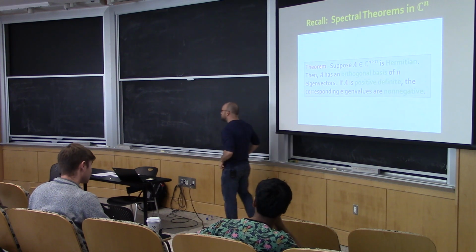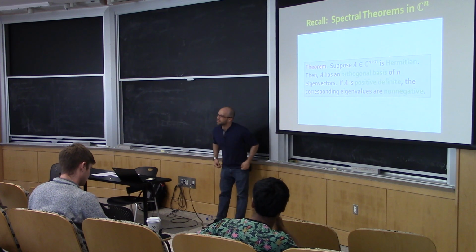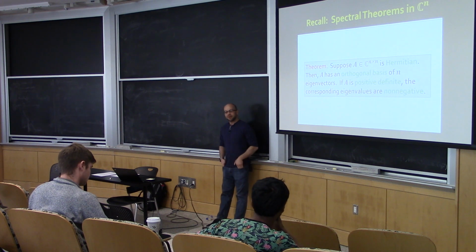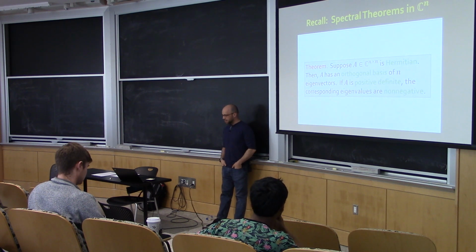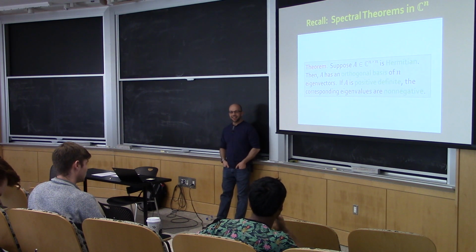So remember, essentially, symmetric matrices have a lot of nice properties that asymmetric matrices don't, right? In particular, what the spectral theorem tells you, by the way, the C here for complex numbers is sort of unnecessary. If you prefer real numbers, that's fine for today.